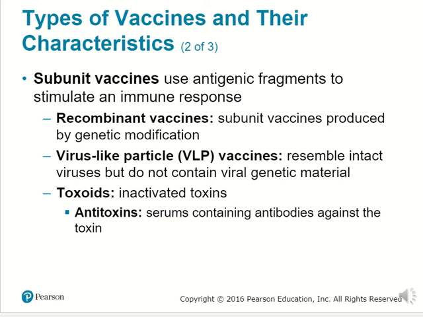Virus-like particles, or VLPs, resemble intact viruses but do not contain the genetic material. So essentially, it might contain a part of the outside protein coat, but not the actual infectious material inside the virus. And then there are also toxoid vaccines, which contain inactivated toxins.